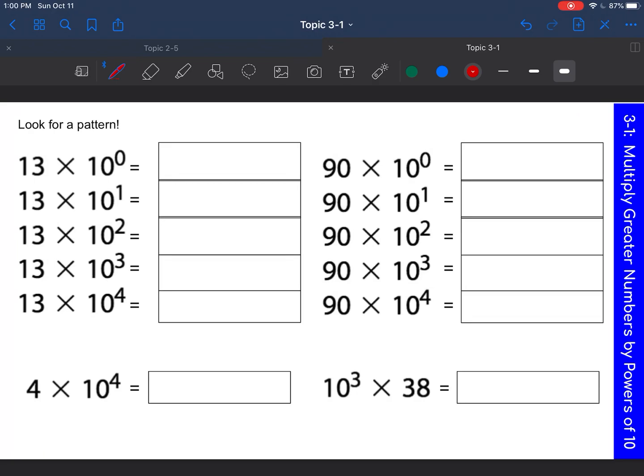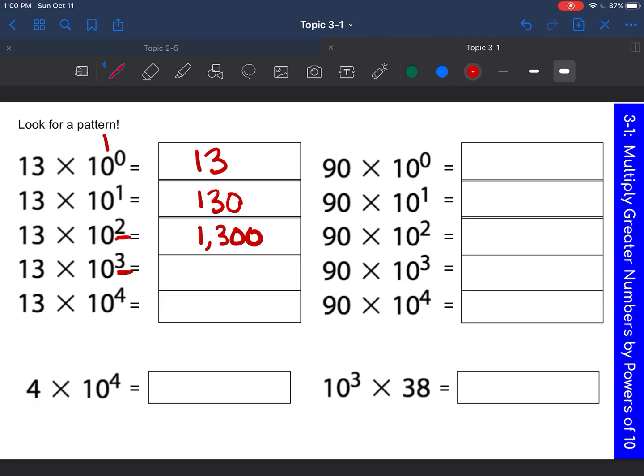We're just practicing place value and powers of 10 and becoming familiar with them. Let's look at some examples. It says, look for a pattern. Do you remember what 10 to the power of 0 is? 10 to the power of 0 is the same thing as saying 1. So 13 times 1 is 13. 13 times 10 to the power of 1: 10 to the power of 1 is 10, so 13 times 10 is 130. 13 times 10 to the power of 2: 10 to the power of 2 is 100, so it's 1,300.